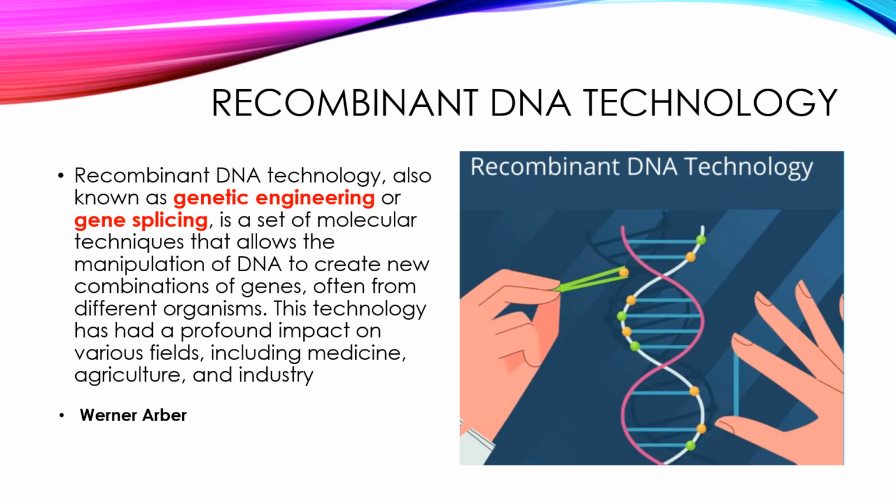It is defined as a set of molecular techniques that allows the manipulation of the DNA to create new combinations of genes, often obtained from different microorganisms. This technology has a profound impact on various fields like medicine, agriculture, industry, etc.